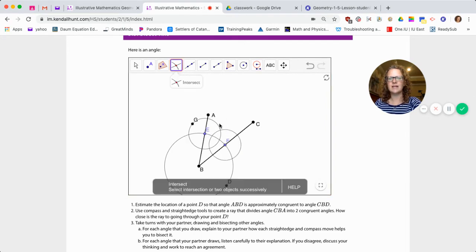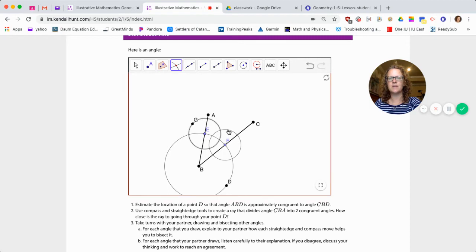That means that, remember, points, let's do the ray. So any point on ray BH is equidistant from E and F, okay?